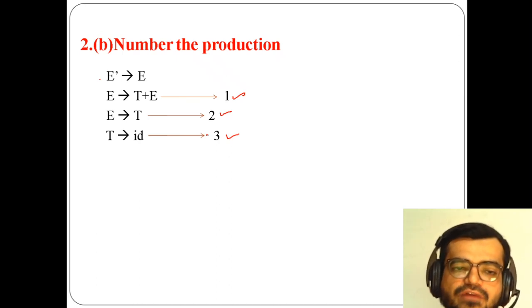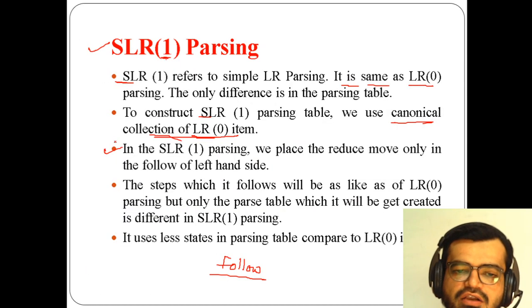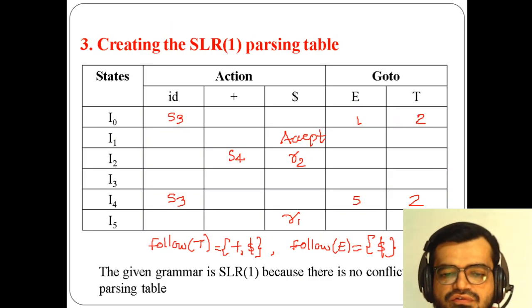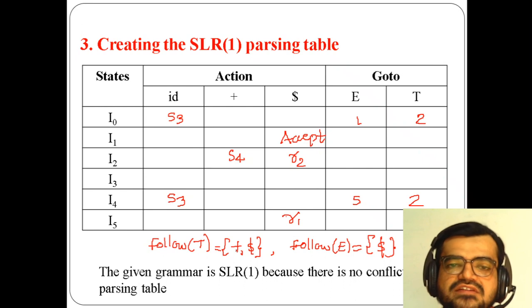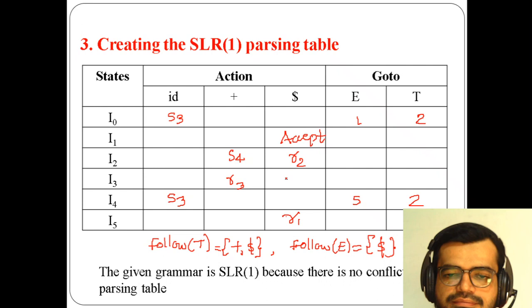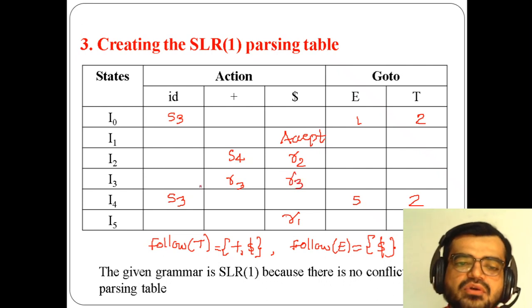So I have to take follow of T, because this is my final item, T → id dot. So for follow of T, which symbols follow it? Plus and dollar. So I have to take R3 in plus as well as in dollar. I'm not taking it anywhere else.